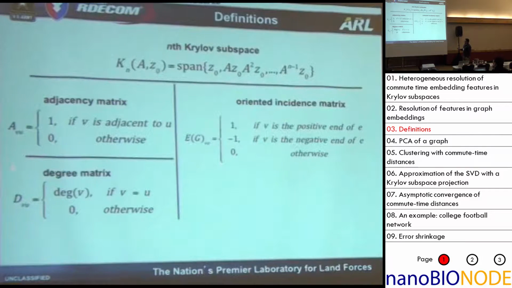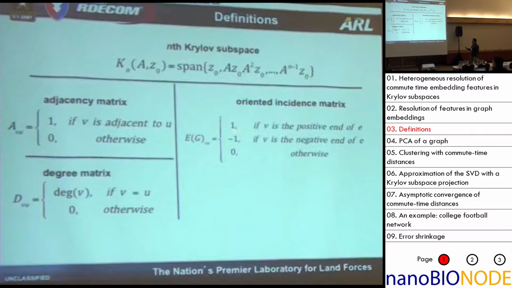We have a diagonal matrix with degrees of vertices on the diagonal. Those are fairly commonly used in spectral graph analysis, but this one is a little bit less frequently used, the oriented incidence matrix. This is a rectangular matrix which maps from edges to vertices.